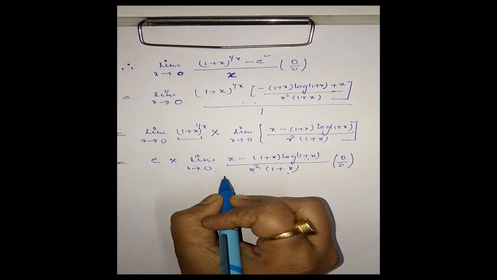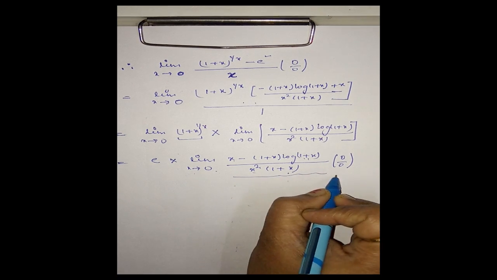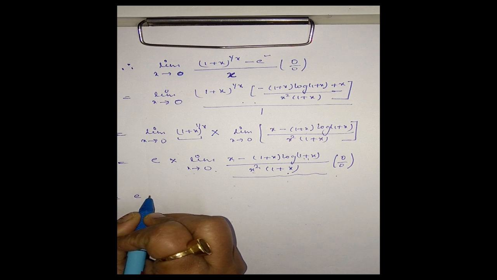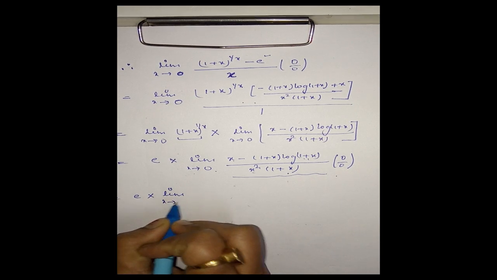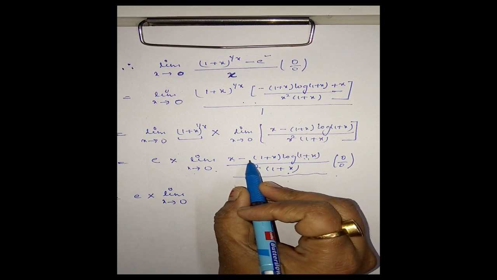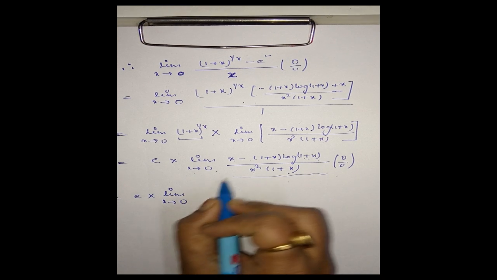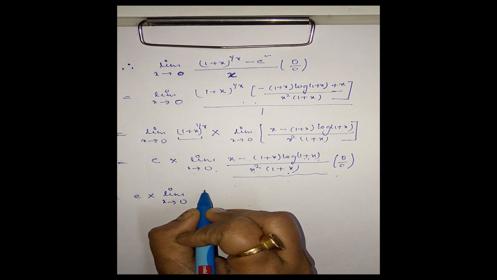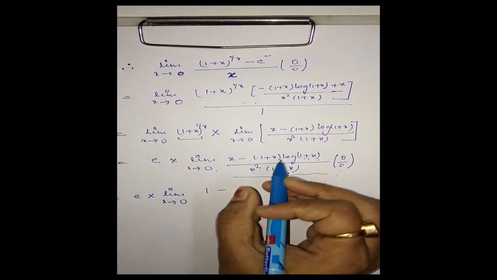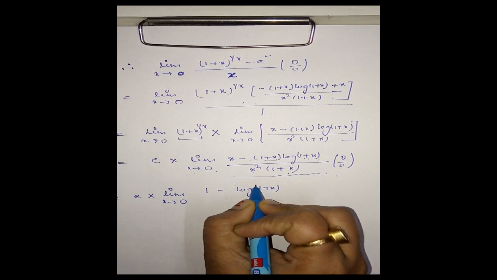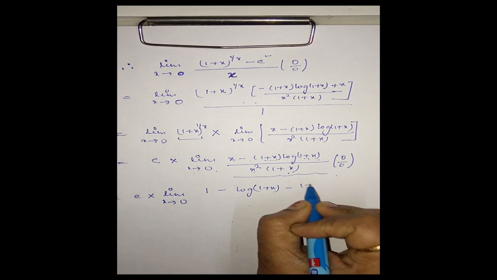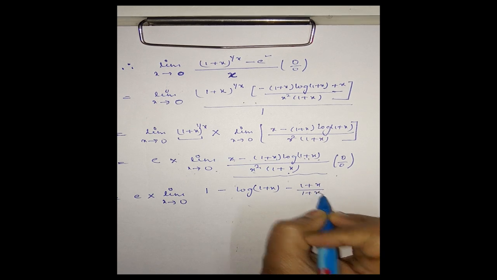Now we will apply L'Hopital's rule to this limit. Now this is e into the limit as x tends to 0. Differentiating the numerator, the derivative of x is 1 minus the derivative of this, which is 1 into log (1 plus x) plus (1 plus x) divided by (1 plus x).